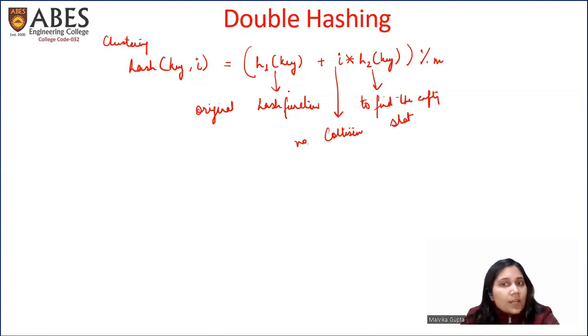But in double hashing, the key values are more uniformly distributed in our hash table. This is all about double hashing and why it is important.